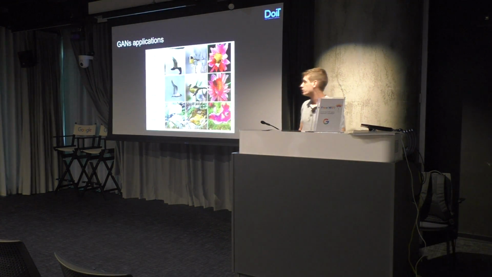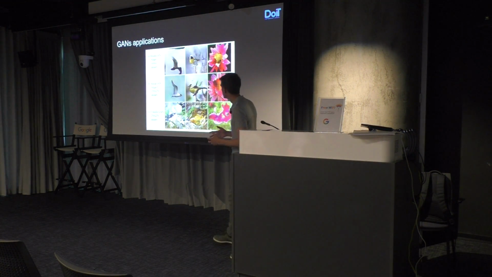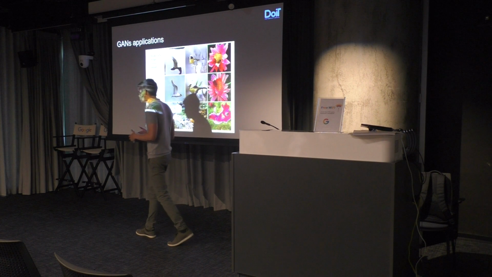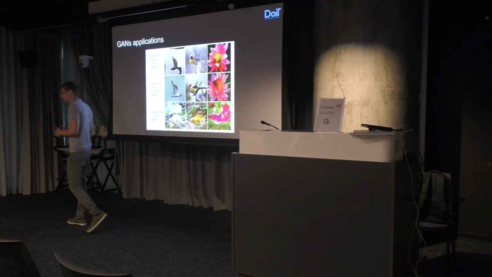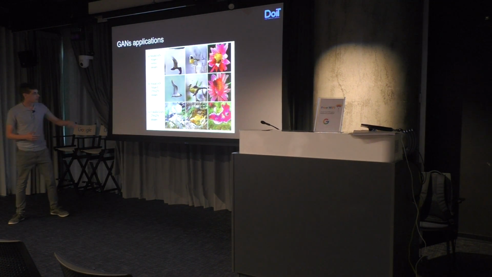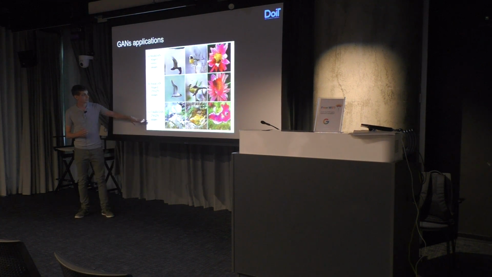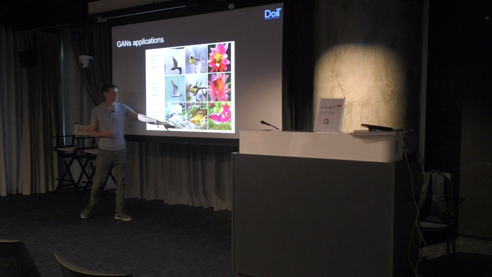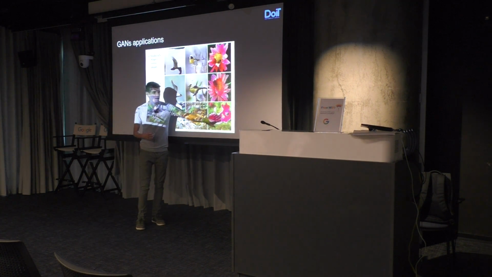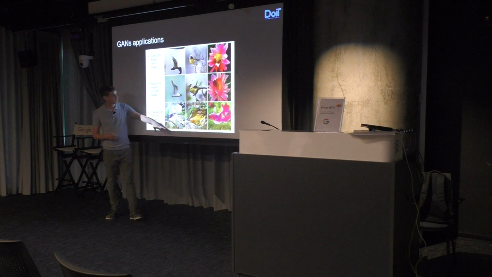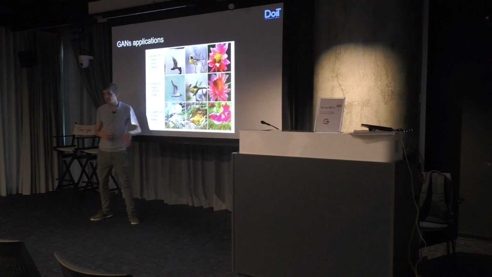Generative adversarial networks were first introduced, I think, in 2014, but the first applications were only visible in 2015. And these were kind of the vanilla results of generative adversarial networks. We're talking about this as an attempt to create an image of a flower, and this should be, I think, a flying bird, like a bird in a nest or something.